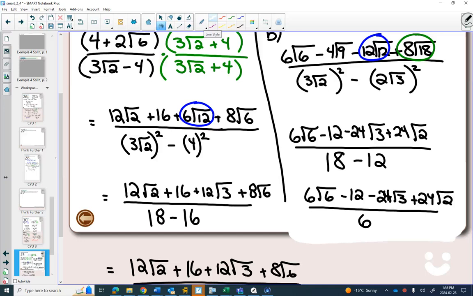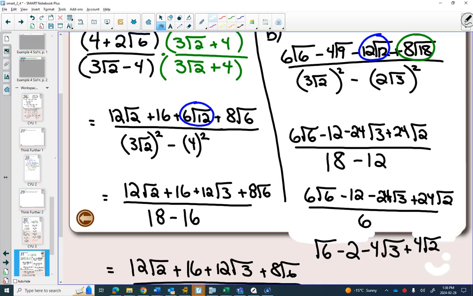But in this case, everything does divide by 6, so when I divide the first one by 6, I get root 6. Minus 2 plus 4, oops, that's not plus 6. Minus 4 root 3, oh, I lost the 9, plus 4 root 2.